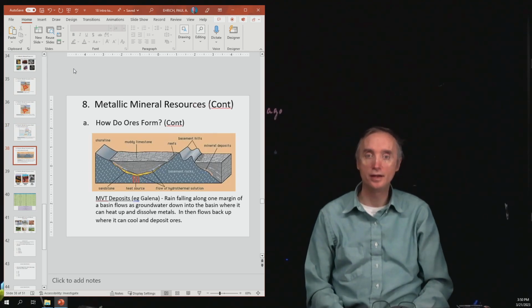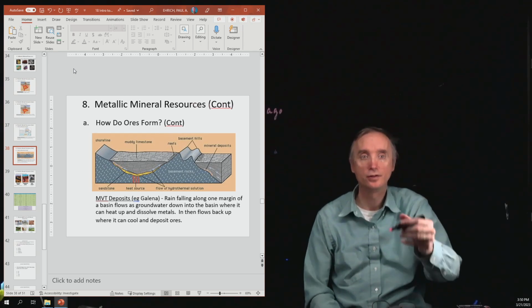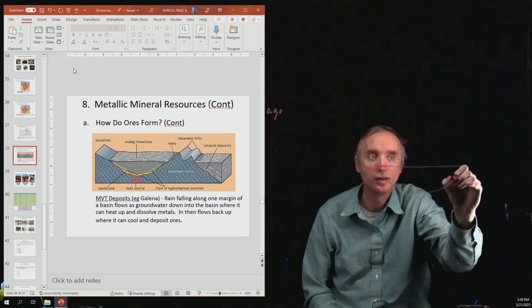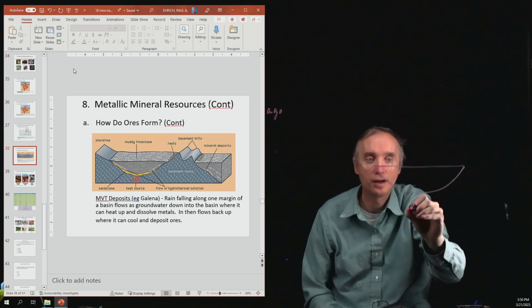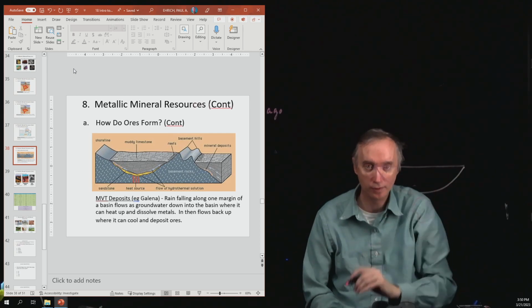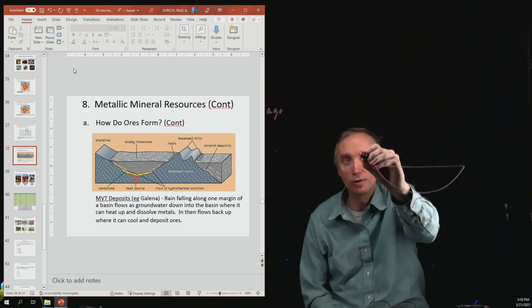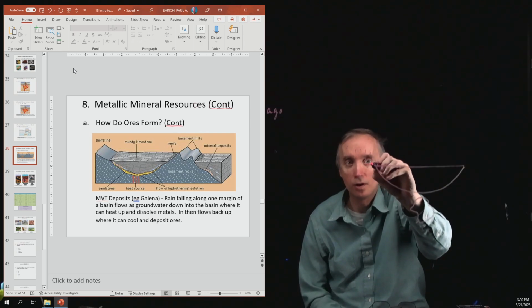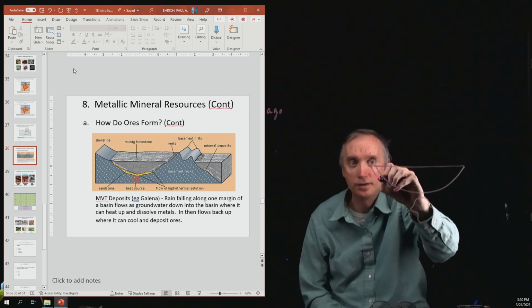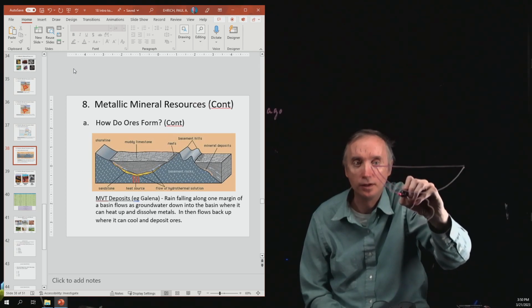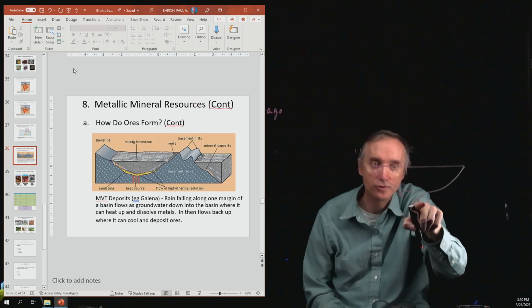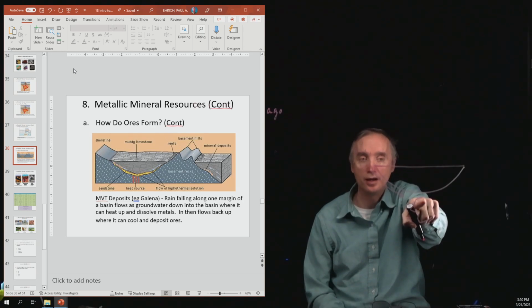Okay, then you've got MVT deposits. So in this case, you're going to have some kind of a sedimentary basin, and then it needs to be hot down here. So maybe there's a magma chamber. So let's say that it rains over here, and then as it rains, then groundwater is going to get in, and it's going to be following a crack or something, so that it's going to be getting closer and closer to this hot area.